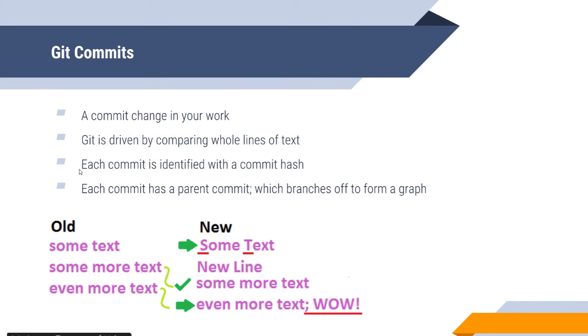Each commit has an identifier hash code, which is used to identify that particular commit, and you can use that for checking out a particular revision of your work, where you need to tell Git exactly which commit you're talking about.